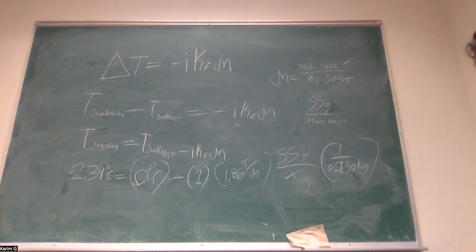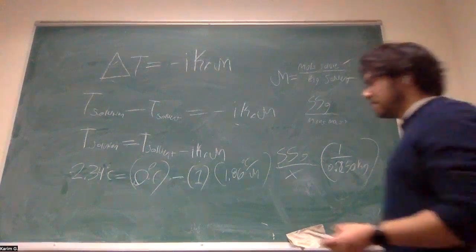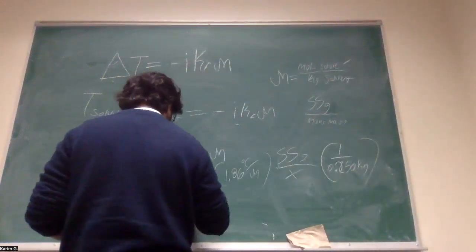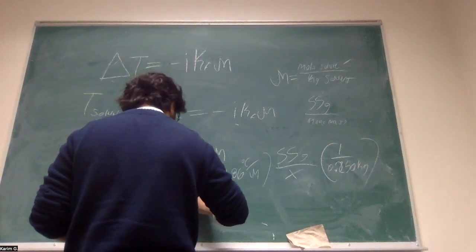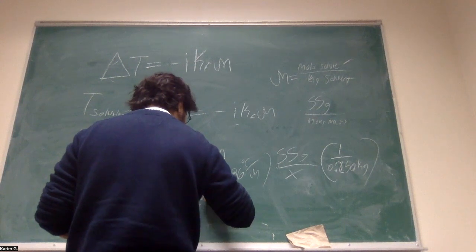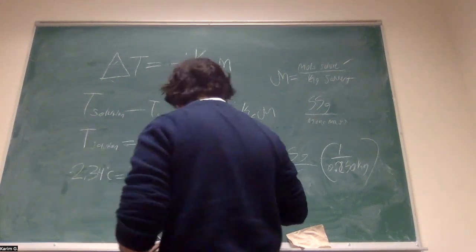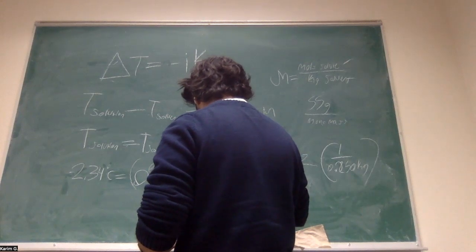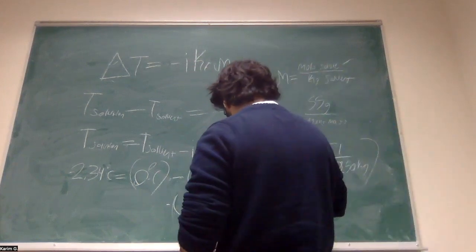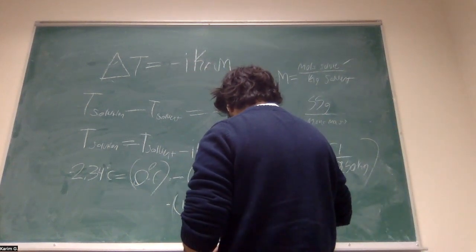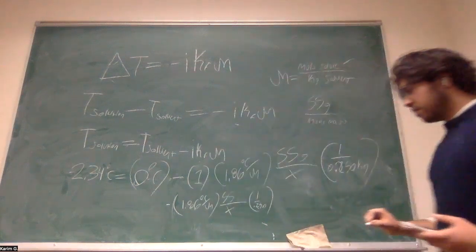Okay. So then 0 minus 1 is negative 1. Am I wrong? Whoops. So we have negative 1.86, and then we have our 55 grams over X, and then we have 1 over 0.25.